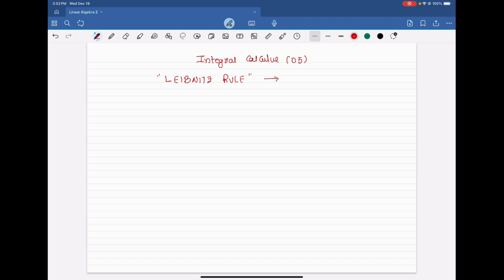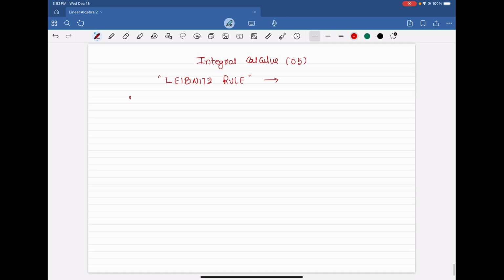Let us say a function u is there, which is a function of p, u(p), and another function v, which is a function of the variable p, v(p), and another function f(x,p) is there.